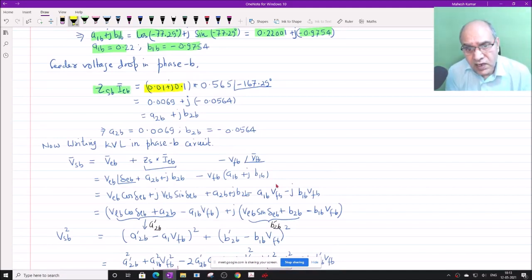This is ZSB, and ILV is 0.565 angle of minus 167.29. If we solve this, we will get 0.0069 and minus 0.0564. Therefore, A2B is 0.0069 and B2B is minus 0.0564.